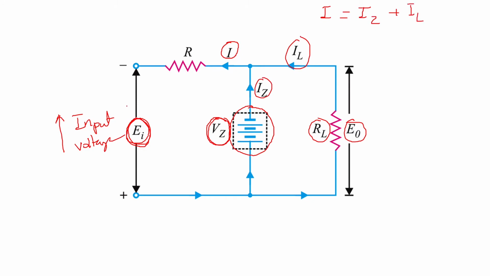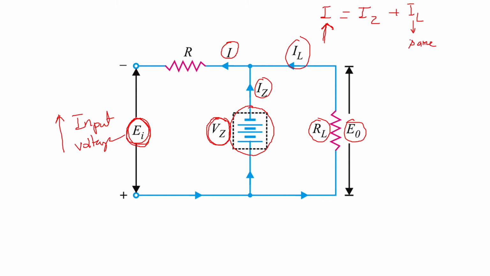When input voltage increases, the main current will increase. Now, I don't want the load current to increase, because load current into load resistance will give you the output voltage, and we don't want the output voltage to vary. We want output voltage to be constant. So what will happen is, when the input current increases, the load current will remain the same.